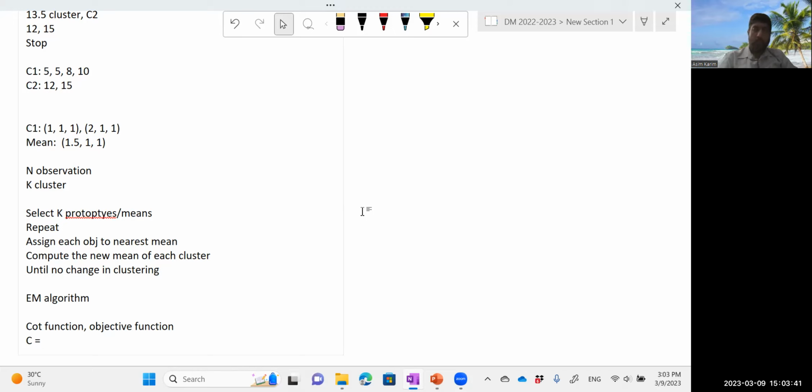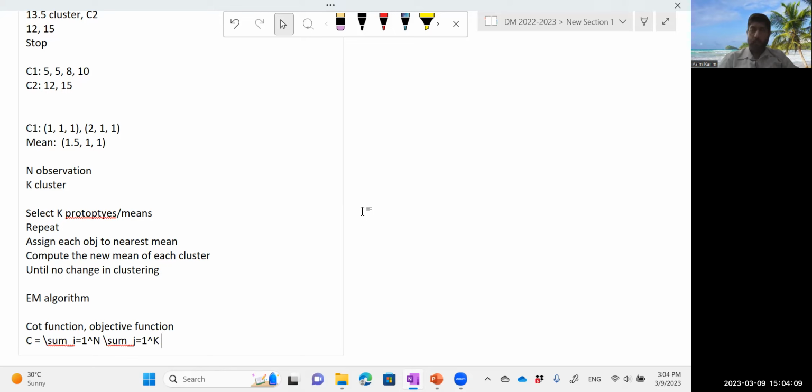Okay. Notation मैं सोच रहा था. So sum i is equal to 1 to n, ठीक है. And we have another summation j is equal to 1 to k, ठीक है.